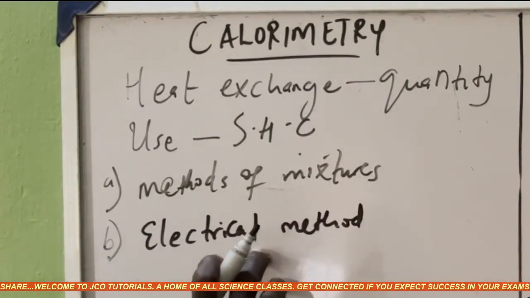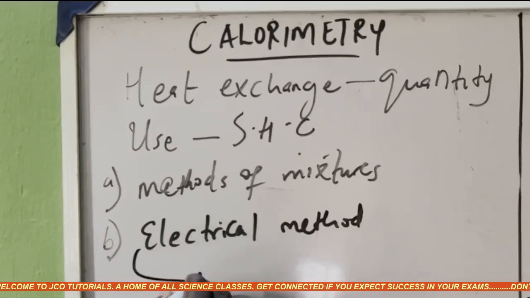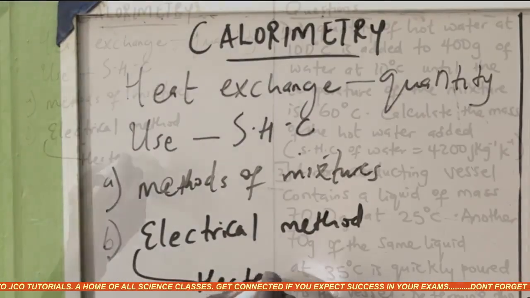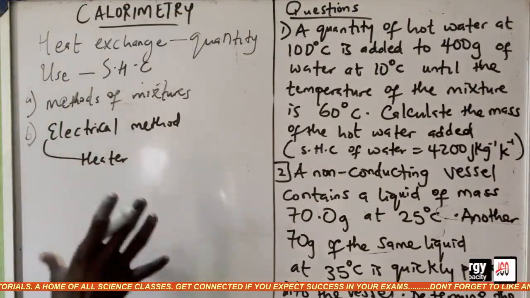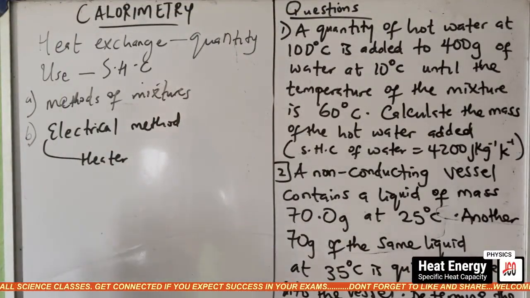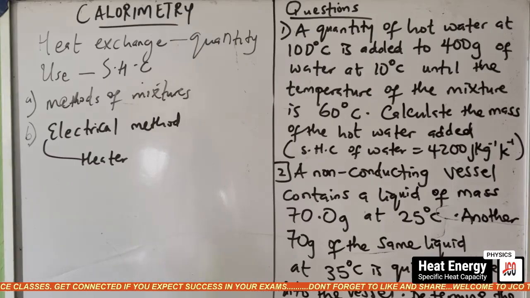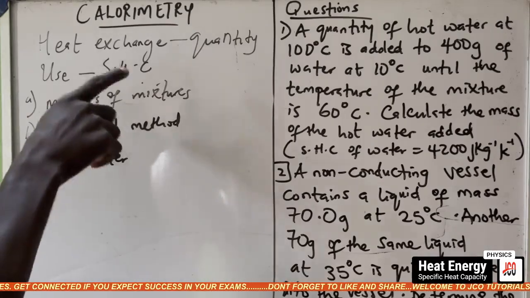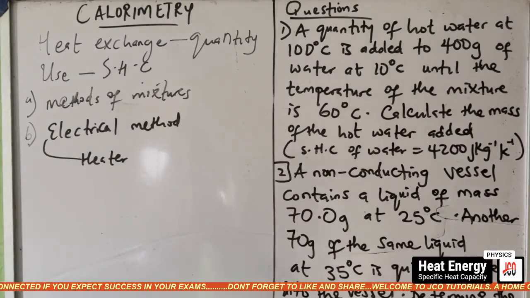In this case, we'll be looking at a heater, where we get the energy from the heater and then it's transferred into whatever substance the case may be. So there are two methods we're going to use to determine the specific heat capacity. Remember, calorimeter is used to determine the specific heat capacity.